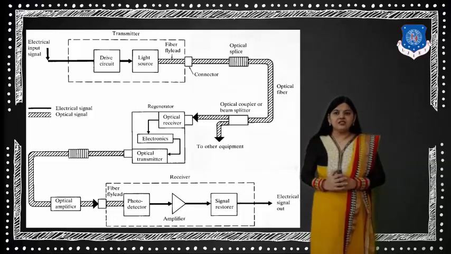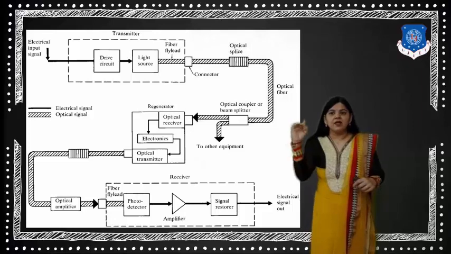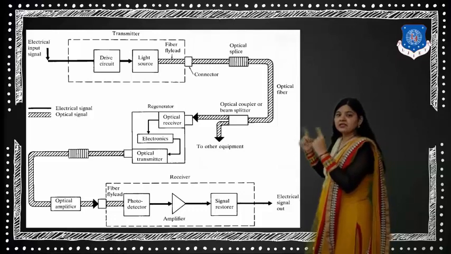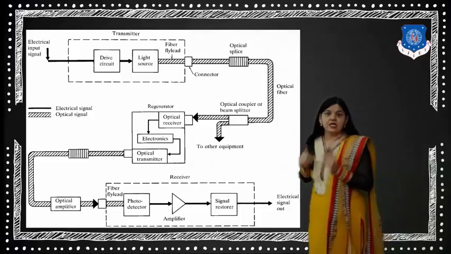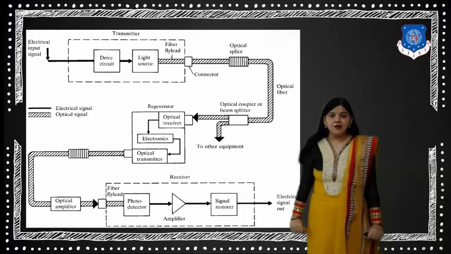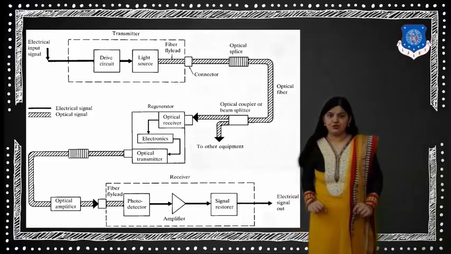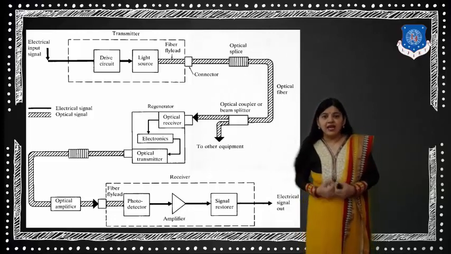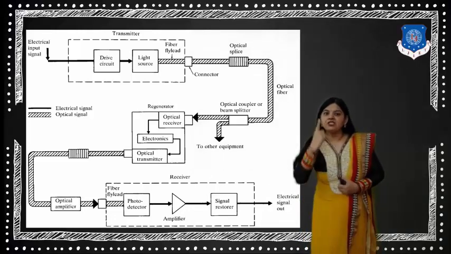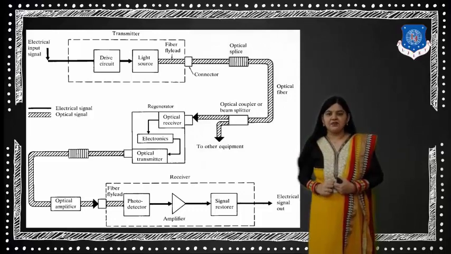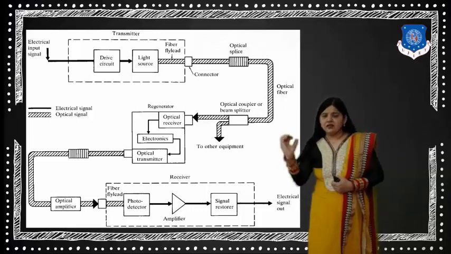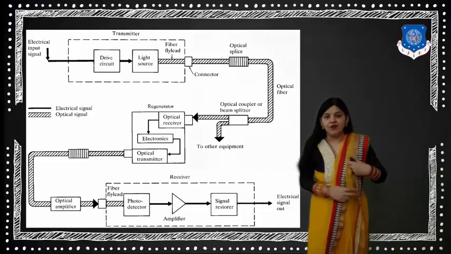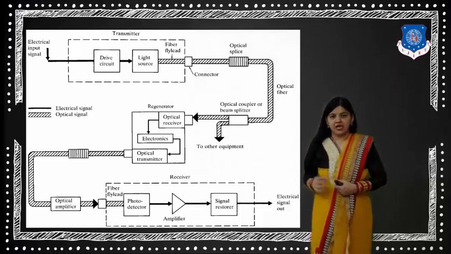So in the optical transmitter, you can see the electrical input signal is given to the driver circuit, and the driver circuit output is given to the light source. Now all our information available at the end of the light source is the information in the form of light. We transmit this light information via the optical fiber cable.